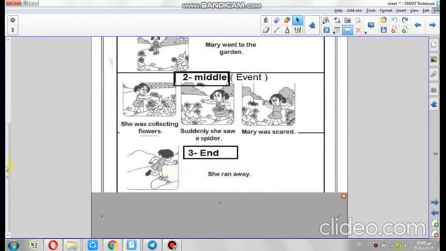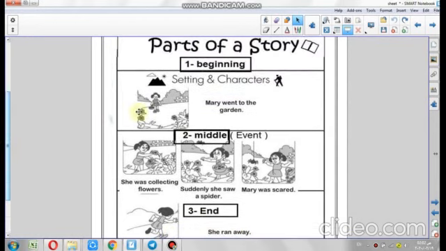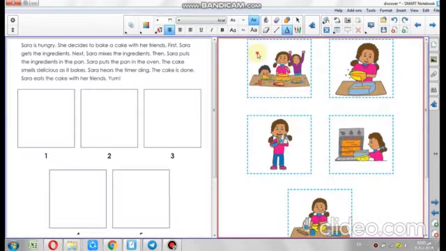So every story has 3 parts. Number 1, beginning. Number 2, middle. Number 3, end. On this page we order the story and we read the story. Sarah is hungry.